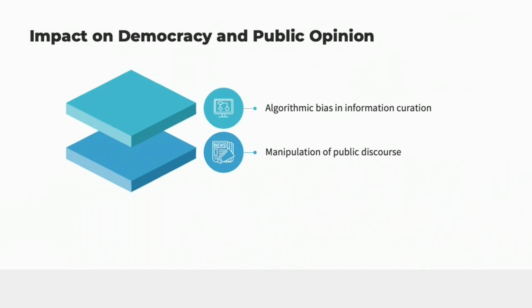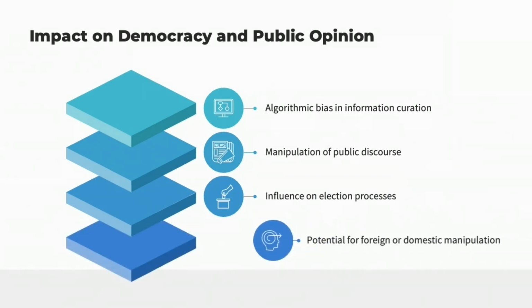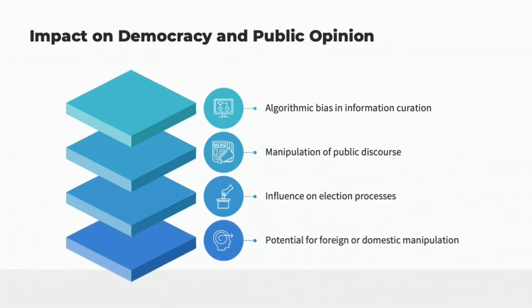It becomes challenging for the public to discern between authentic and AI-generated content. Also, AI tools can be employed to influence election outcomes through targeted campaigns based on user data. This raises real concerns about the integrity of democratic processes and the potential for foreign or domestic manipulation.